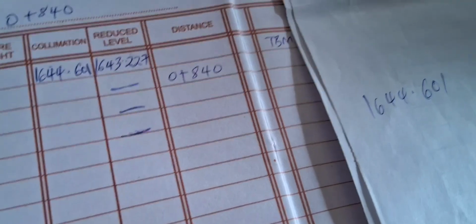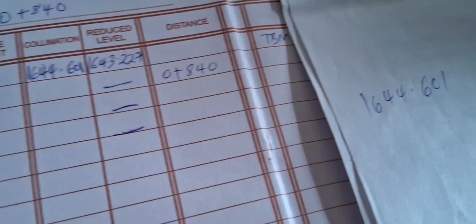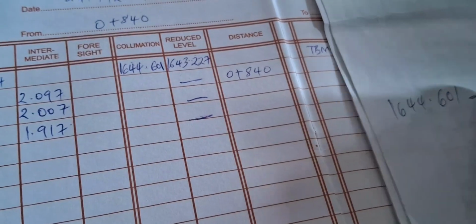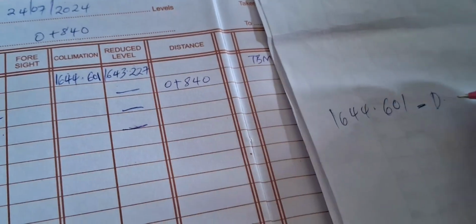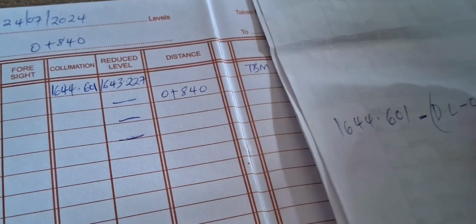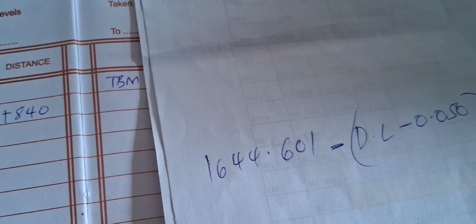So you take 1644.601 minus design level minus 0.050. I hope you guys can remember where I got 0.050. This is AC.